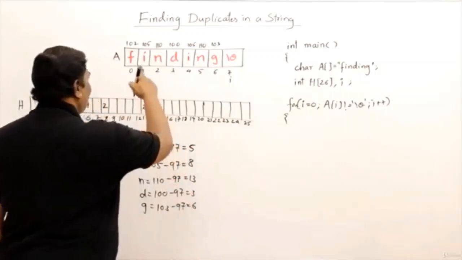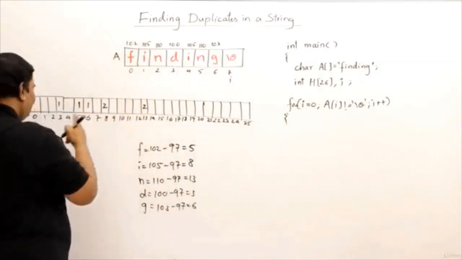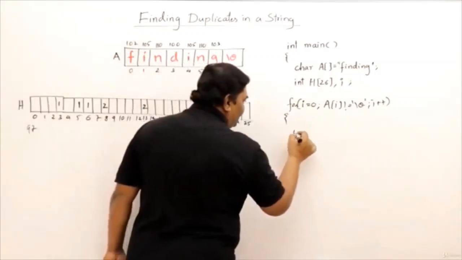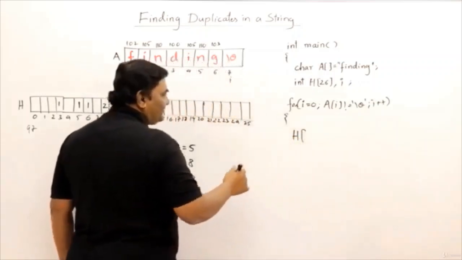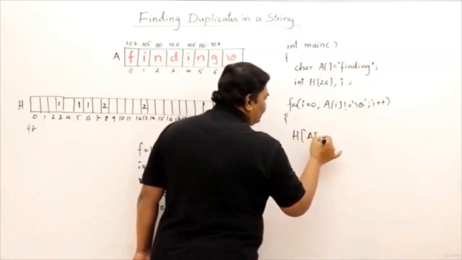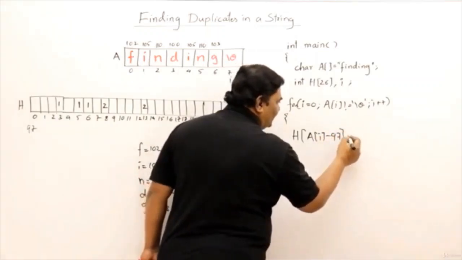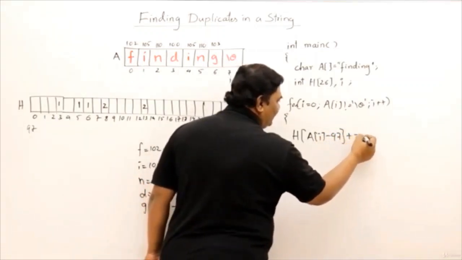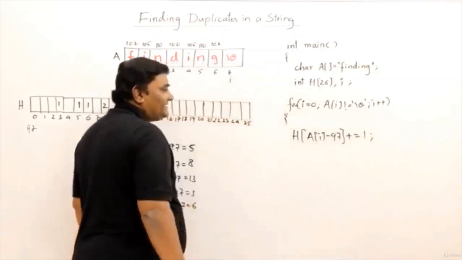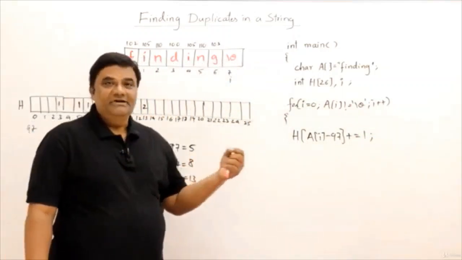Now for every alphabet, whatever it is, subtract 97 and store in the hash table. So in the hash table, at what index? Whatever A of i is, from that subtract 97 and add 1. So for that I will write plus plus, so I'm incrementing it.